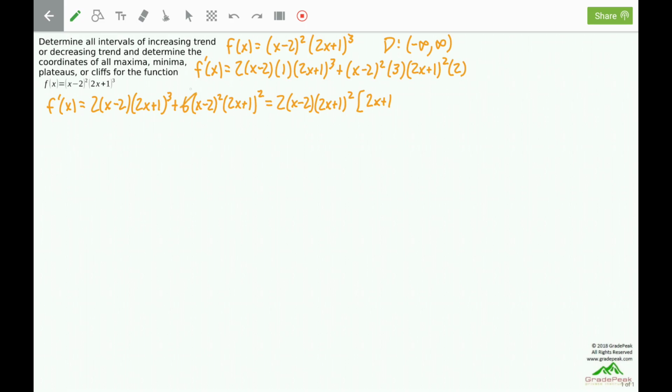For the second term, we take out a 2. It'll leave behind a 3. 1 power of x minus 2 and 2 powers of 2x plus 1. So it'll leave behind a 3 and an x minus 2. The 3 will be multiplying the quantity of x minus 2, so it'll be in parentheses.